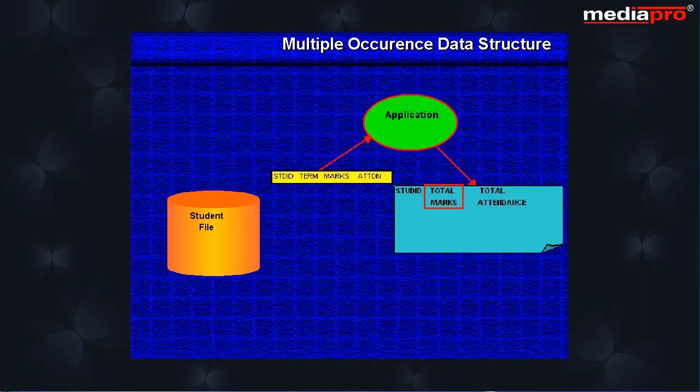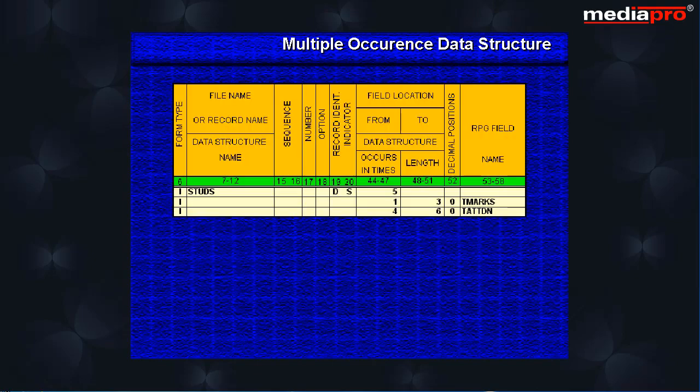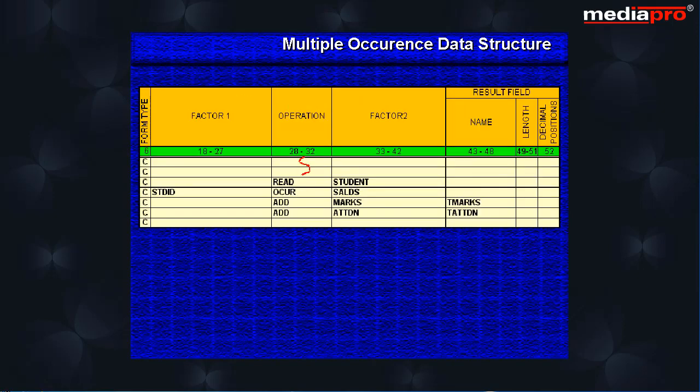An application calculates the total marks obtained by the students and also the total attendance across the different terms. A multiple occurrence data structure with 5 occurrences is used to process the student records. The data structure has 2 fields, one for the total marks obtained by the student and the other for the total attendance of all the terms.